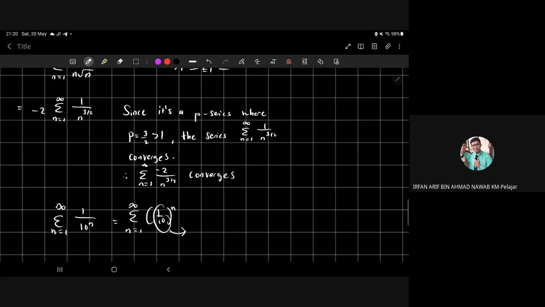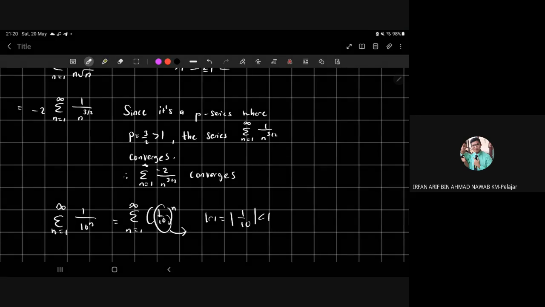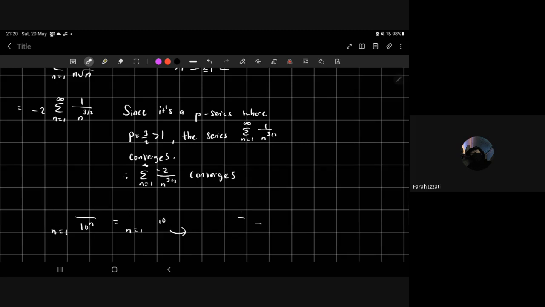Generally, if a common ratio is less than one, it converges. So this is much simpler, because you recognize it's a geometric series. Therefore, you don't need the integral test to solve it directly.